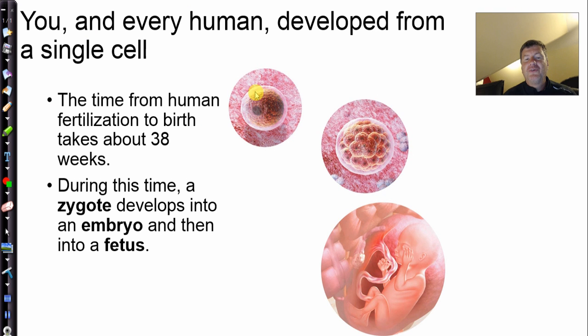During this time, we're going to go from one fertilized egg through stages called morulas and gastrulas. Eventually, we have a zygote at fertilization, an embryo for the first 8 weeks of development, and finally a fetus from week 9 until she has the baby.